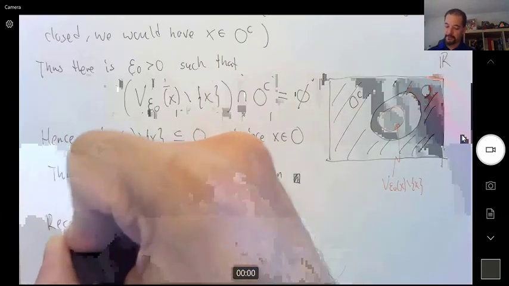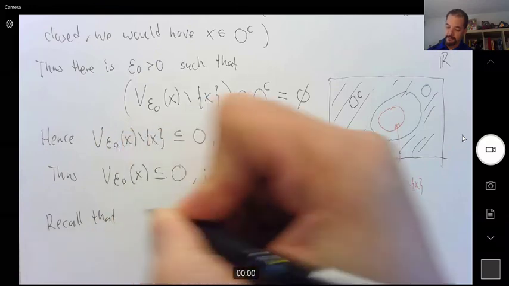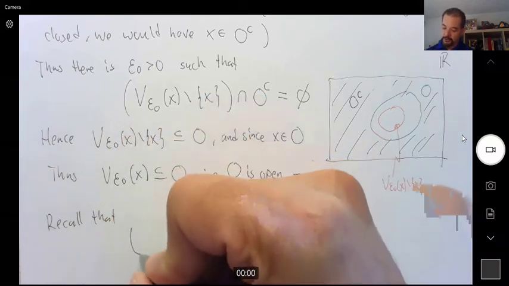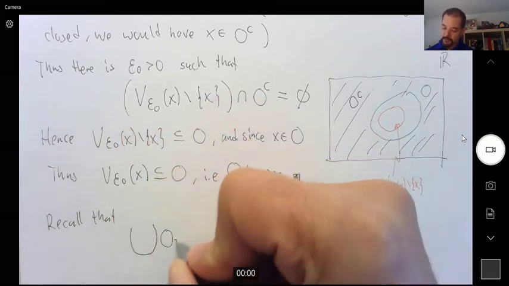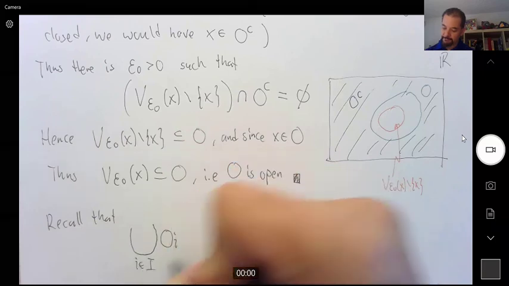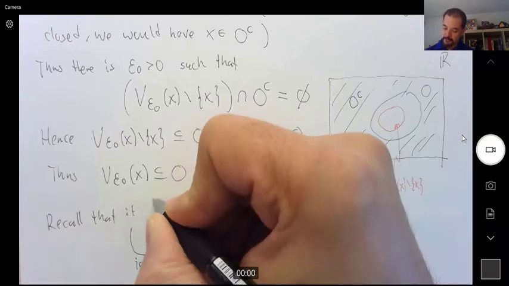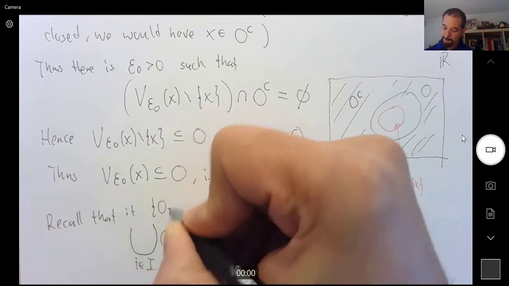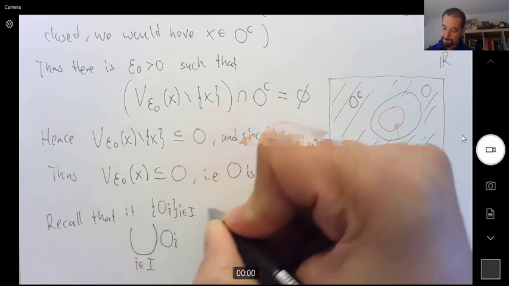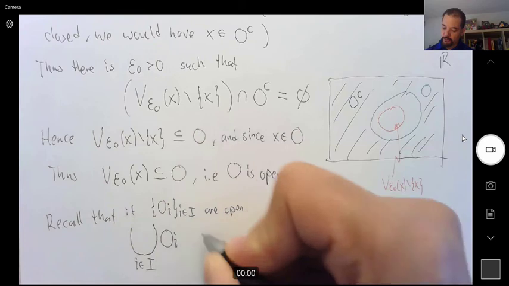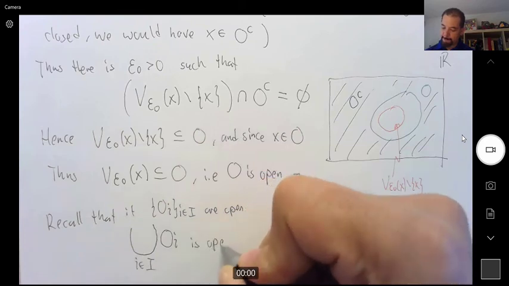So recall that if you do the union of an arbitrary collection of open sets, so if the O_i are open, and you do the union, then the union is open.